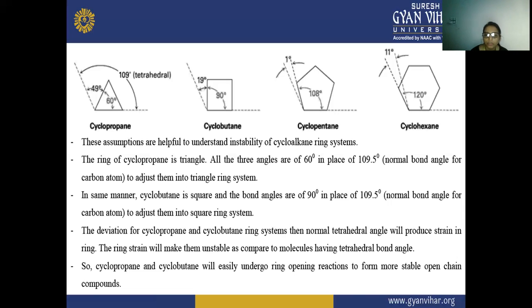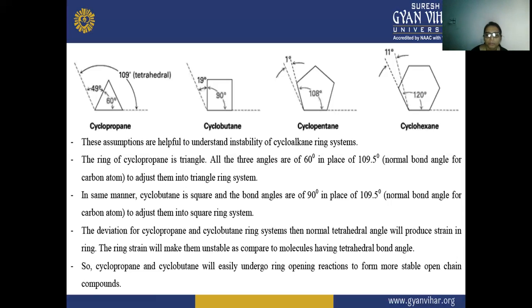So compared to the molecules which have the tetrahedral bond angle, cyclopropane and cyclobutane will have instability due to the ring strain in their bond angle.